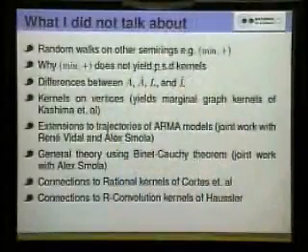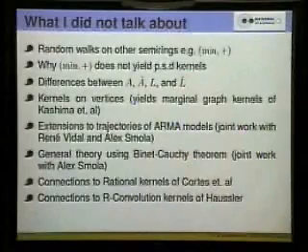So you can do random walks on other semirings. One way to think about it is that if you do a random walk on the min-plus semiring, then essentially you're computing the shortest path between two vertices.